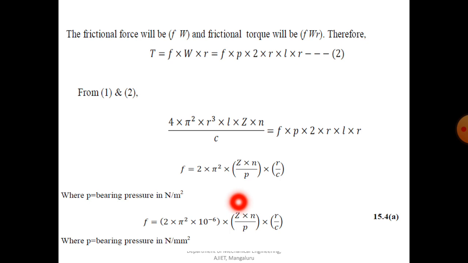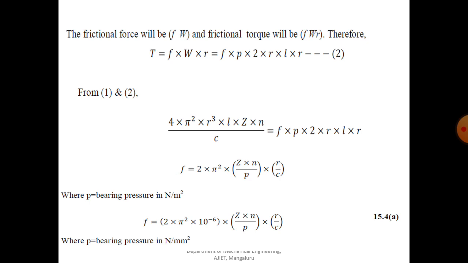So this is nothing but the Petroff equation, one of the most important equations that can be used in the design of a journal bearing. Where F is the coefficient of friction, Z is the absolute viscosity, whose unit should be Pascal second or Newton second per meter square, and N should be in RPS, revolutions per second.